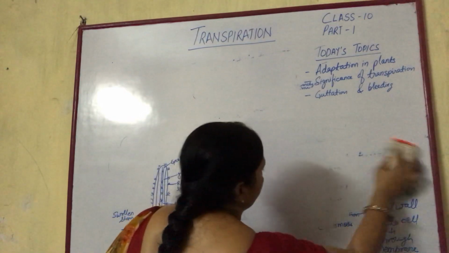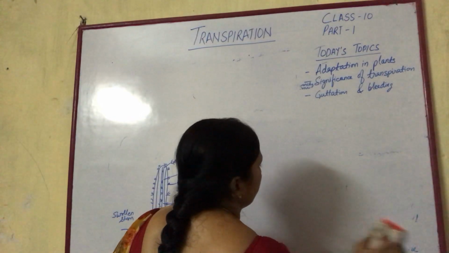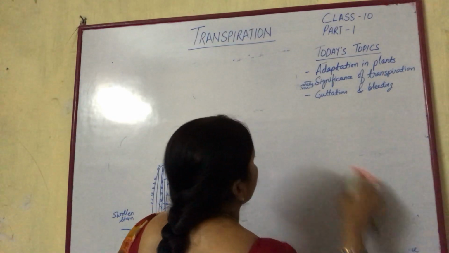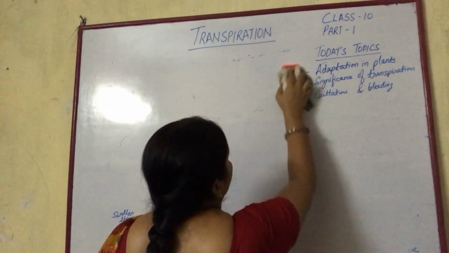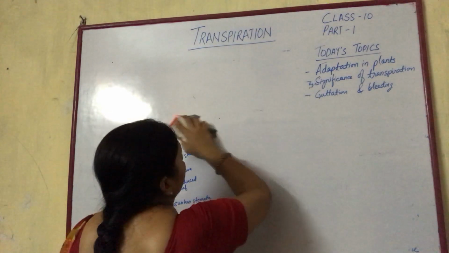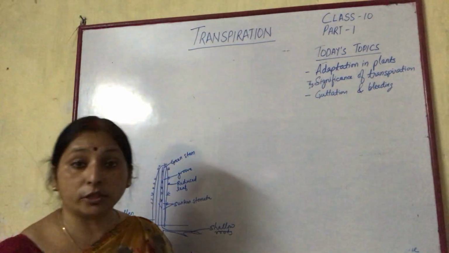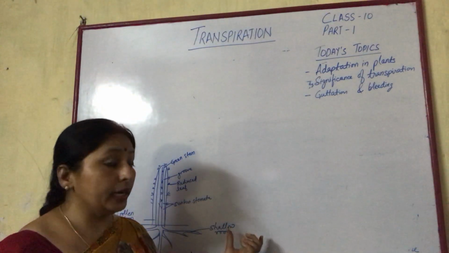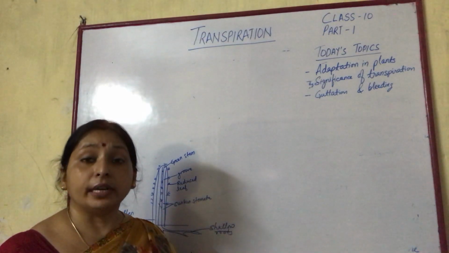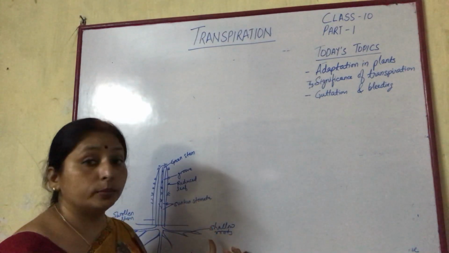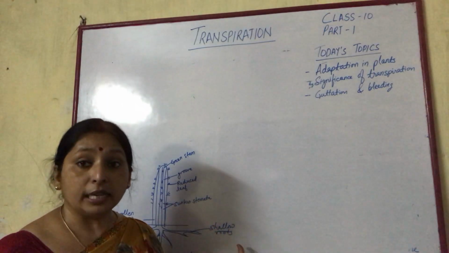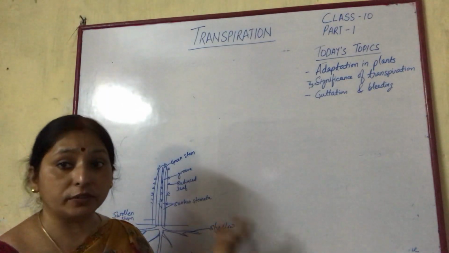The cactus plant, or xerophytic plants, have various adaptation features to reduce loss of water through transpiration, as the availability of water in these areas is very low. So the plants have adapted themselves to survive in the less water area, or xerophytic condition.